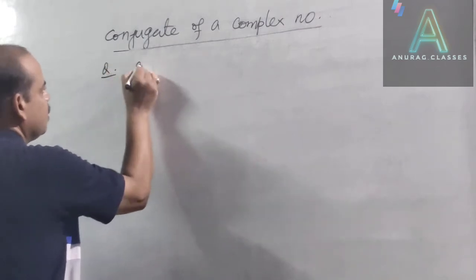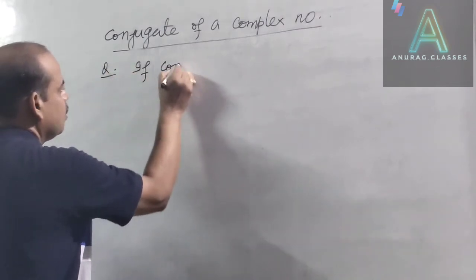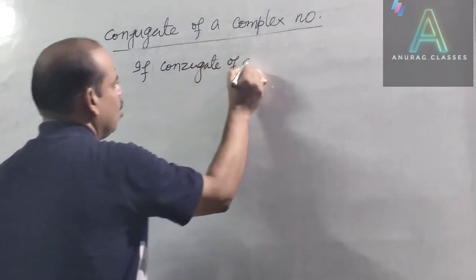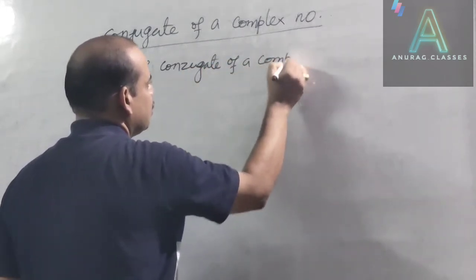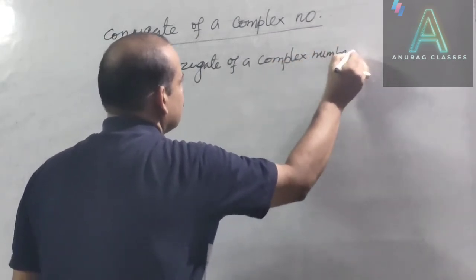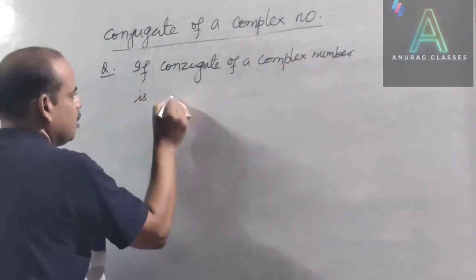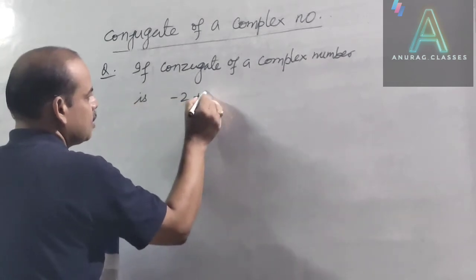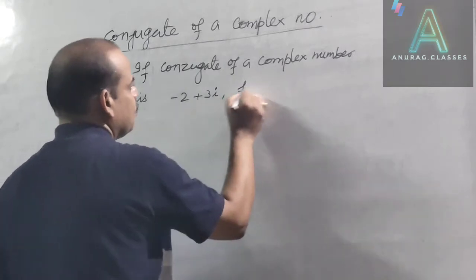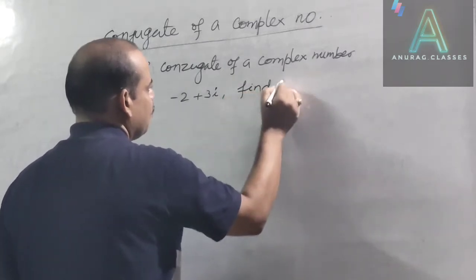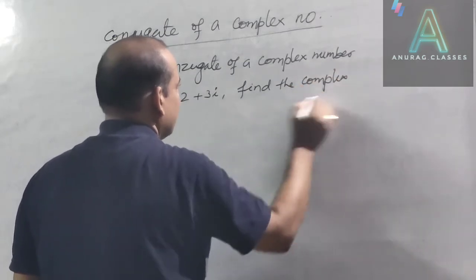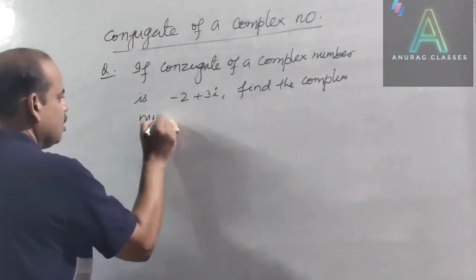The question is, if conjugate of a complex number is -2 plus 3 iota, find the complex number.